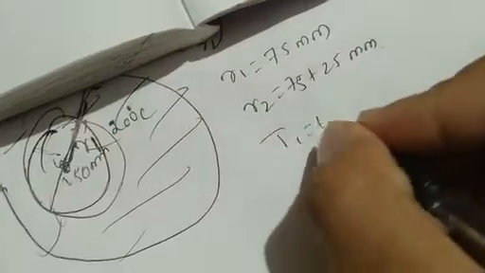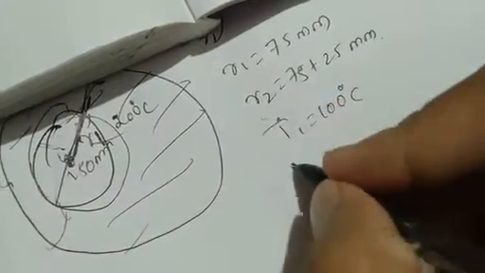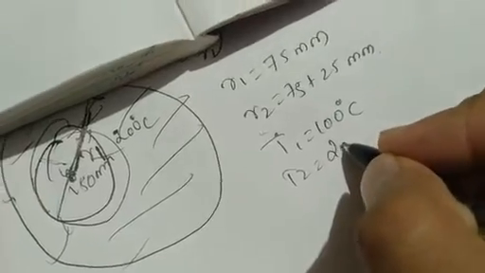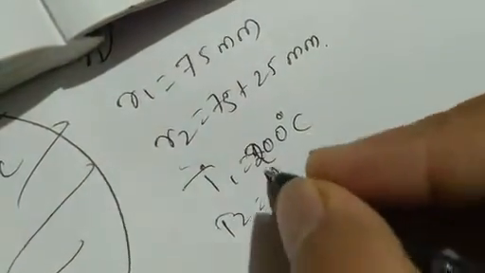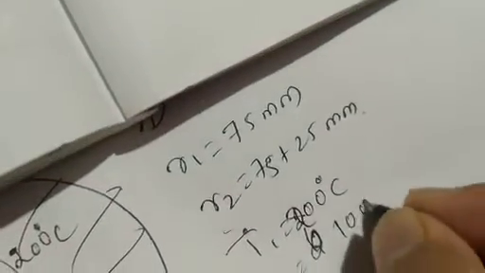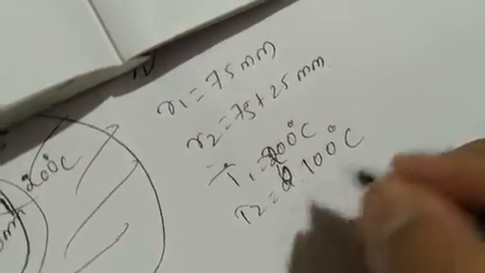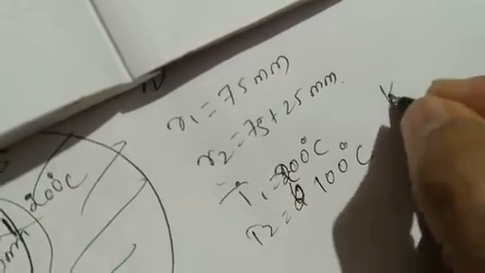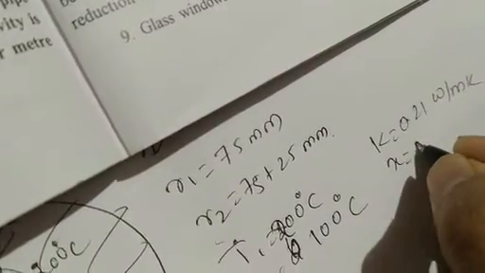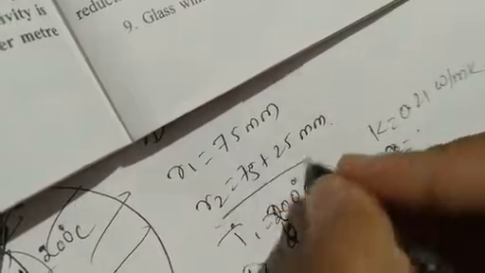K, the thermal conductivity, is 0.21 watt per meter Kelvin. Next is thickness. The thickness has already been added to the radius.